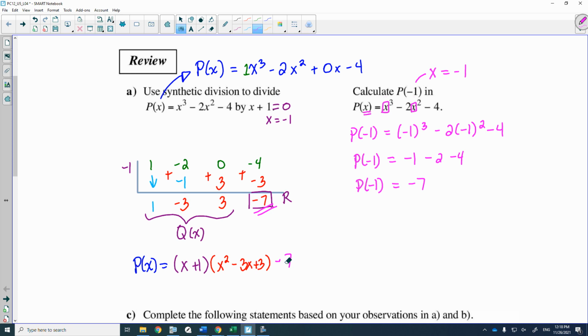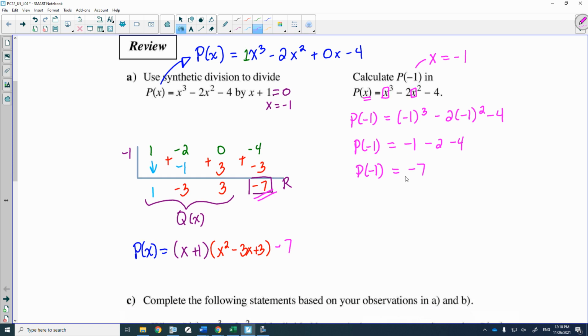So whether you're using synthetic division or whether you're inputting the root into your polynomial, your remainder will be identical. What I want you to also understand from this is a point on your graph. So p of x is a polynomial function that we could input into our calculator. And on the graph, on the polynomial, when x is -1, the y value would be -7.